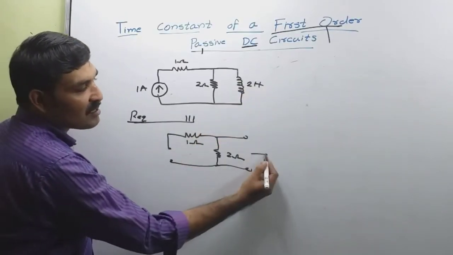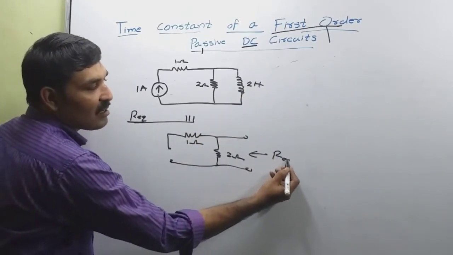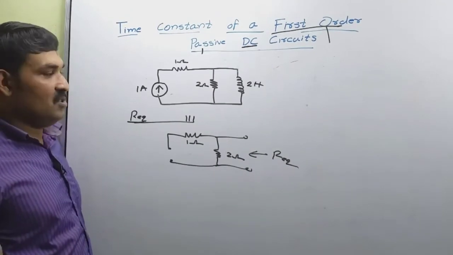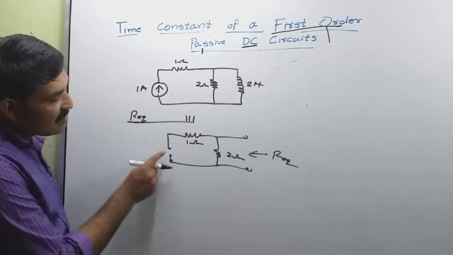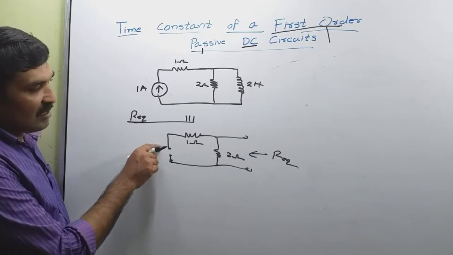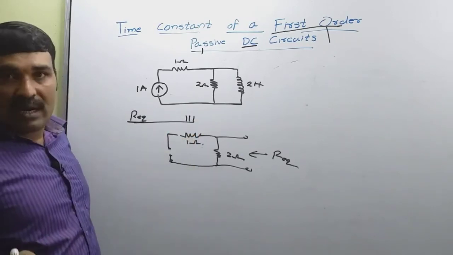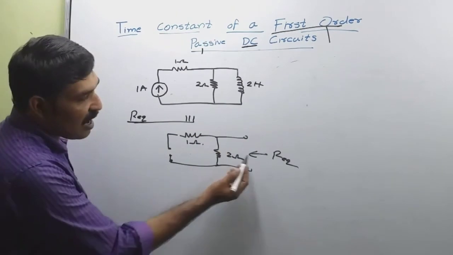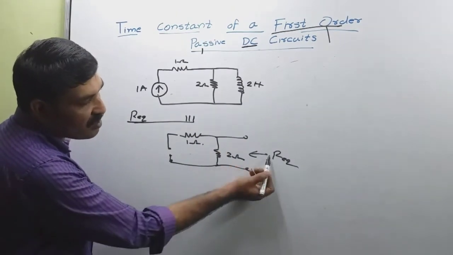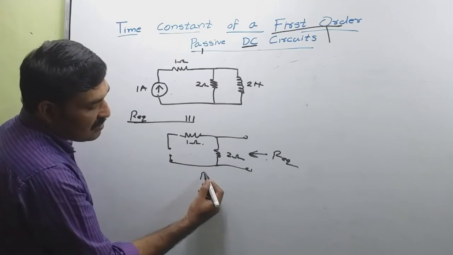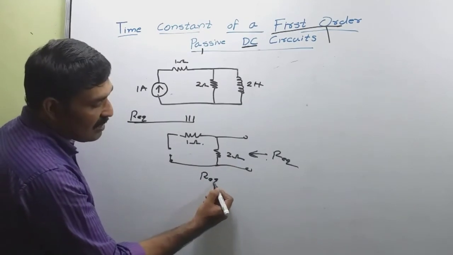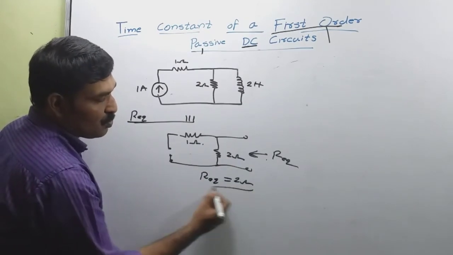So this is the R equivalent resistance or Thevenin's equivalent resistance. Since this is open circuit, this resistance is excluded for finding R equivalent. Therefore, R equivalent is the equivalent resistance looking from this side, that is equal to 2 ohm.